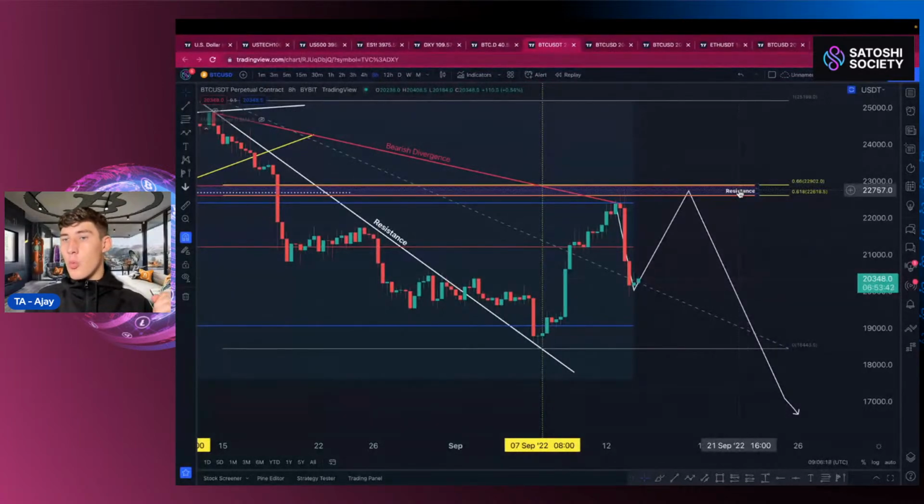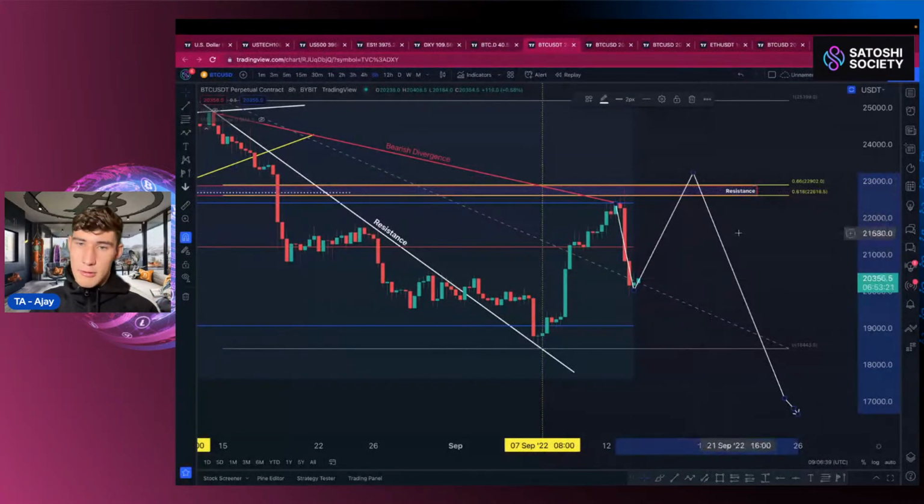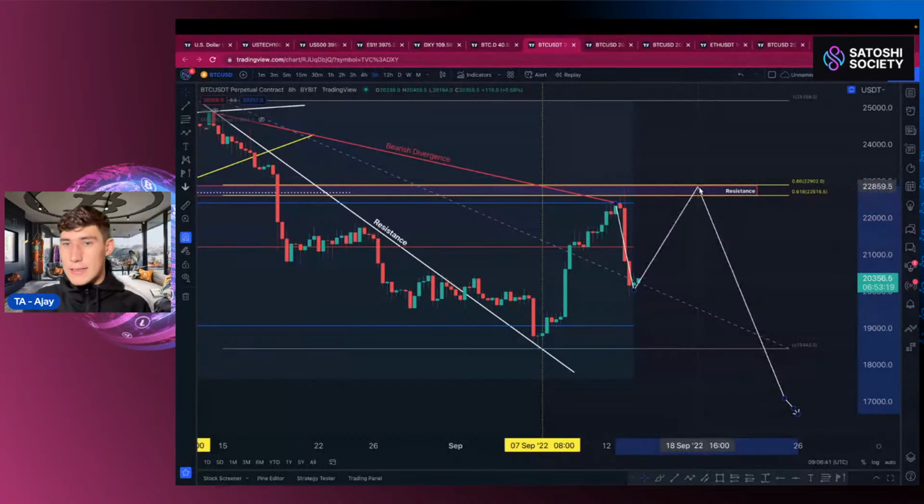Then I'm going to have one at $22,700 approximately. Then I'm going to have another short order at around $22,900 with a little bit of capital left over, just to see if we do get that swing failure pattern, a nice wick swing failure pattern above this resistance and golden pocket area. So that's what I am going to be looking at for today.